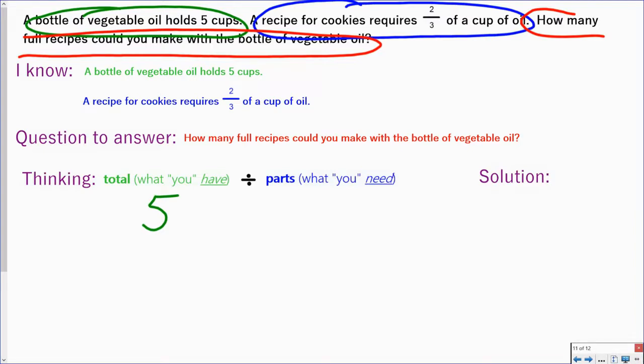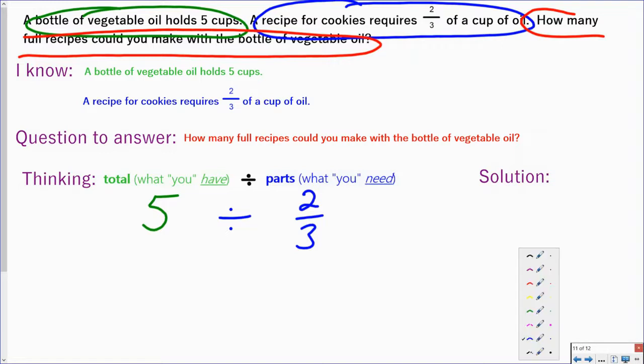And the parts come from the different amount of recipes that we're going to need to make. And each recipe requires 2/3 of a cup. So I'm taking my total amount of vegetable oil, dividing it into the amount that I need per recipe, to figure out how many recipes I can make.